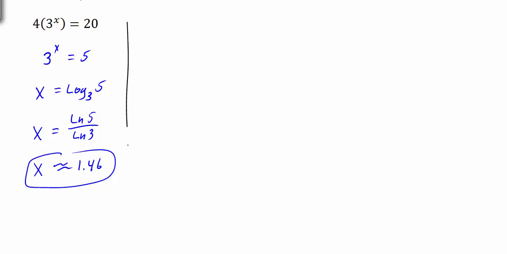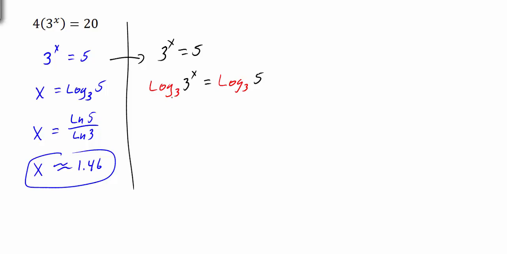Okay, now the other technique that we could use here, once we get to this point, 3 to the x equals 5, we could always take the log base 3 of both sides. So in other words, I could take log base 3 of 3 to the x equals log base 3 of 5.